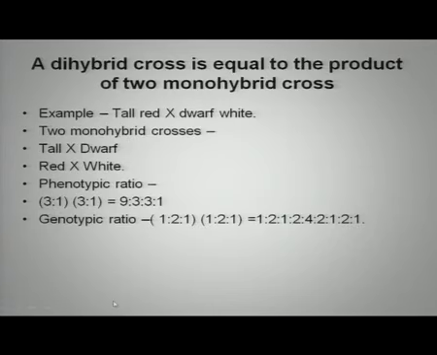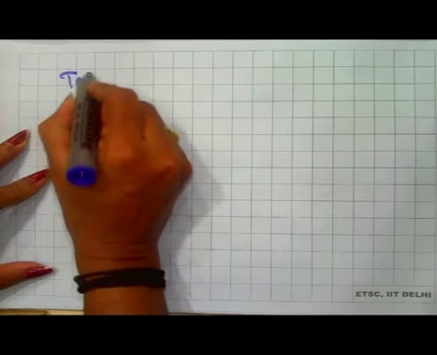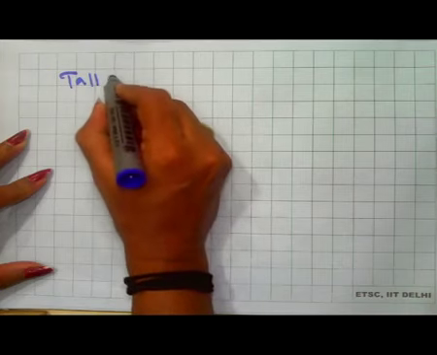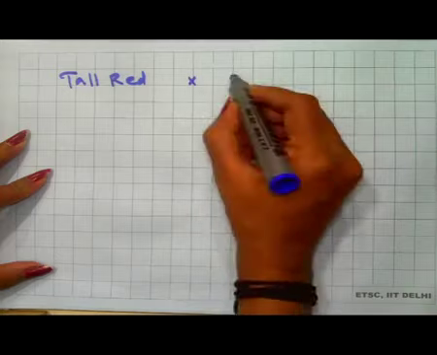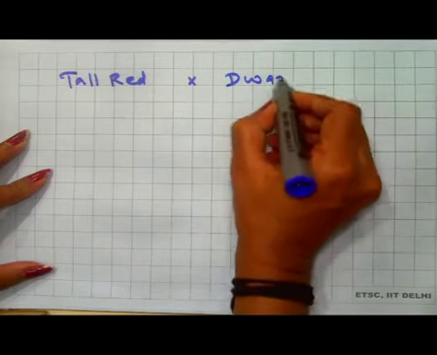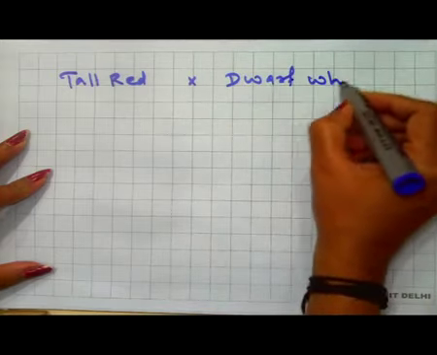So, this can also be shown like this: tall red into dwarf white.